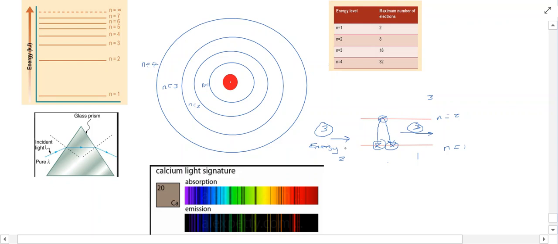Now, we can also link these energy values to wavelengths. Imagine this is our energy that's coming in, in the form of a wave, and we call this wavelength 1. This wavelength 1 carries an energy value of 3, and therefore it will excite this electron. Then when it comes back out, it's emitted as a wave, and again it has that same energy value of 3.